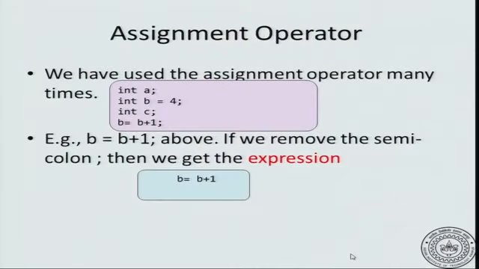We have used the assignment operation many times, and let us understand it in somewhat more detail. For example, consider the expression b equal to b plus 1. The statement is b equal to b plus 1 semicolon, and if you omit the semicolon, what you get is an assignment expression b equal to b plus 1 without the semicolon.